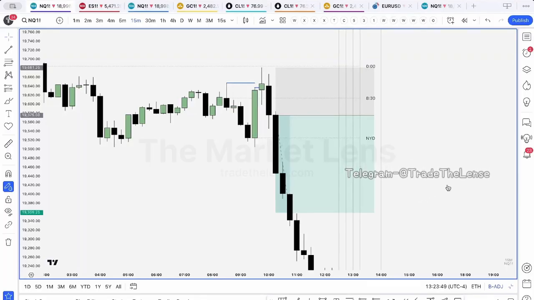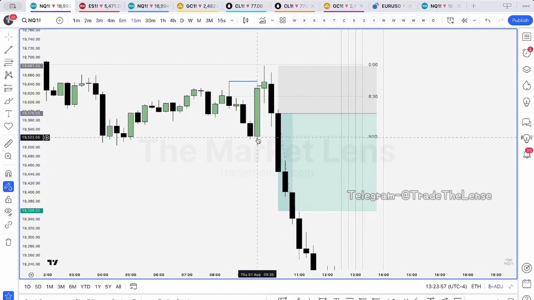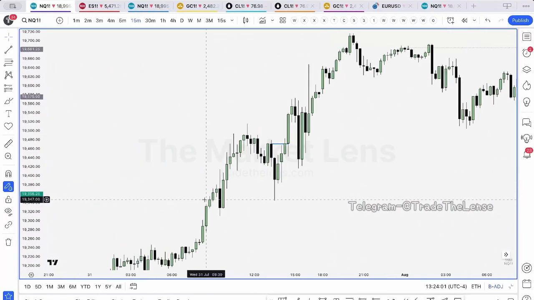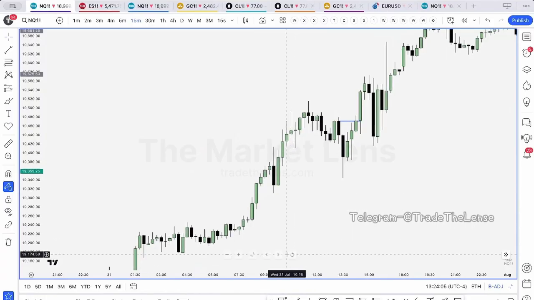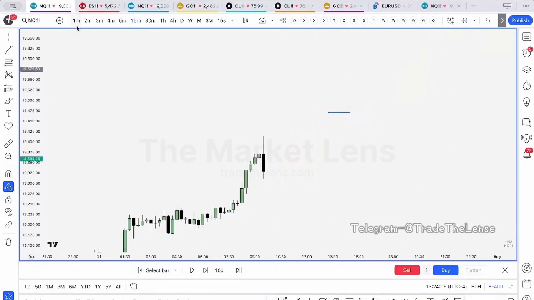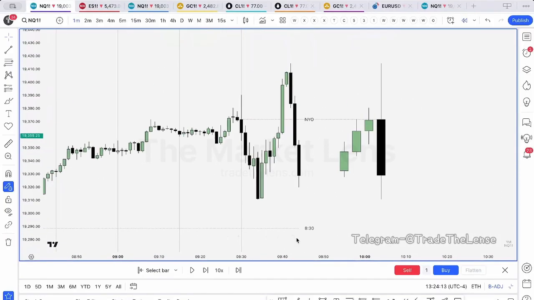There are times that you can enter on candle 2, and if you notice, that will generally be the entry if 930 has manipulation, right? So not really here, but let's see if we can find an example. If 930 makes the manipulation move, the foundation model will be that entry, right? So that first order block.